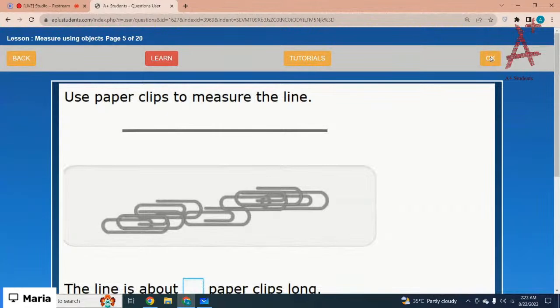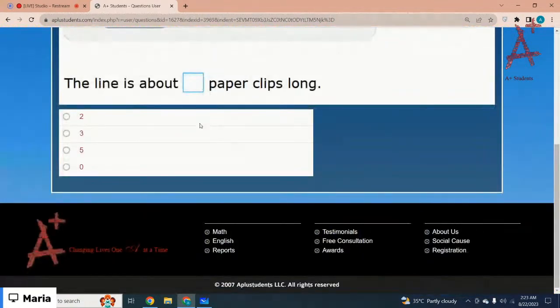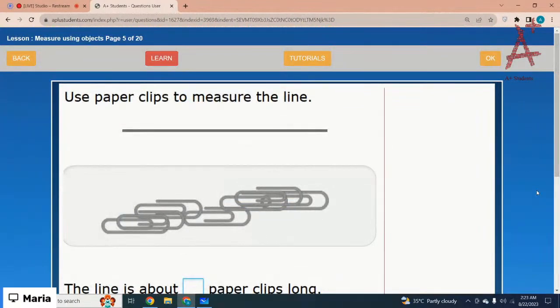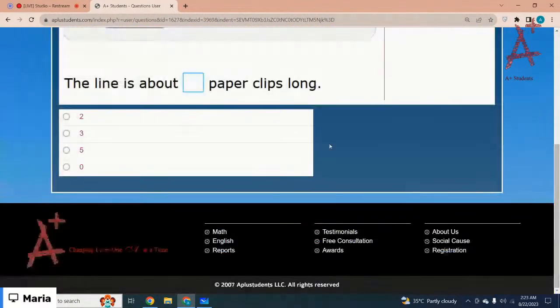Use paper clips to measure the line. So which is the correct option? That would be, I think, four. Five. No, I think that would be just 3.